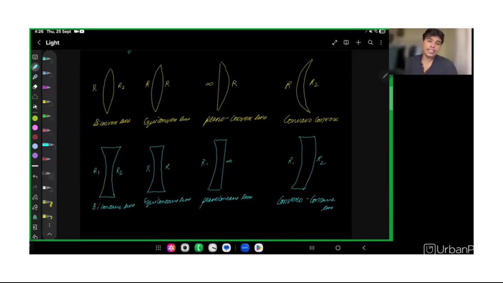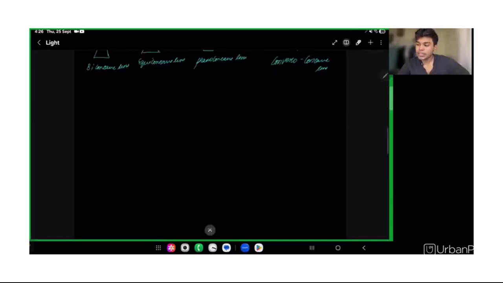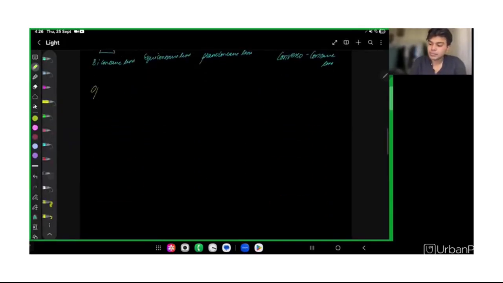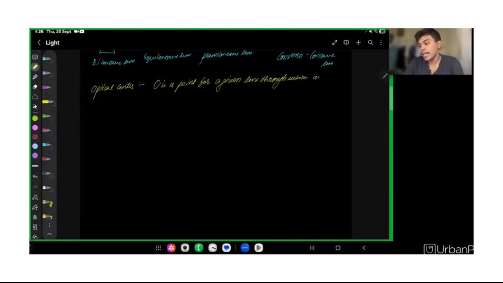Now I'll talk about optical center. How can we define optical center? Definition: O is a point for a given lens through which any ray passes undeviated. This is the important point, undeviated.